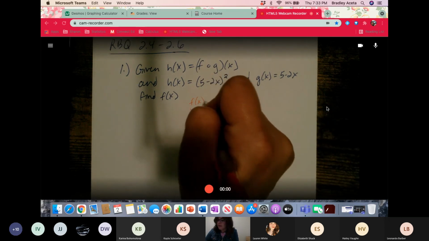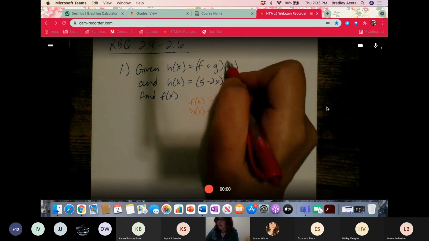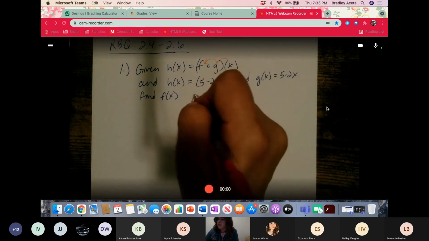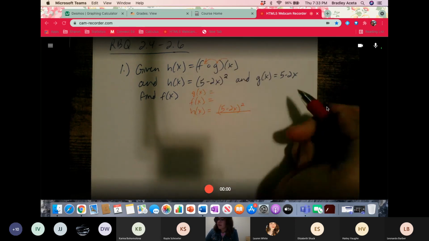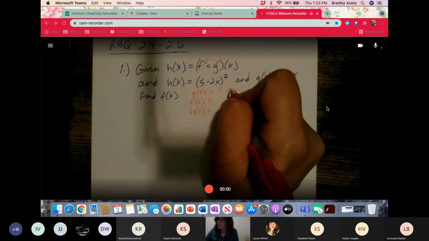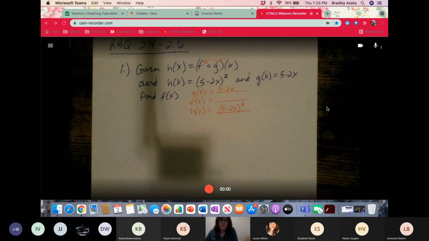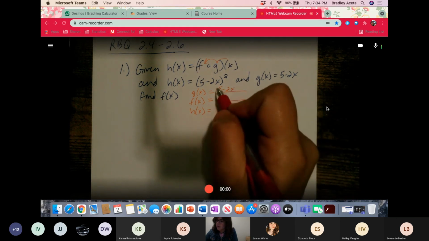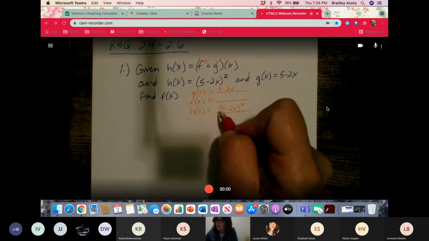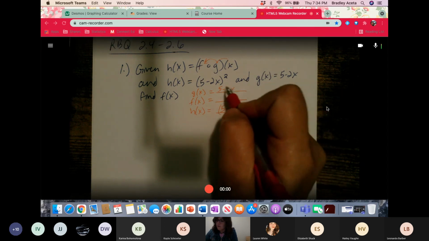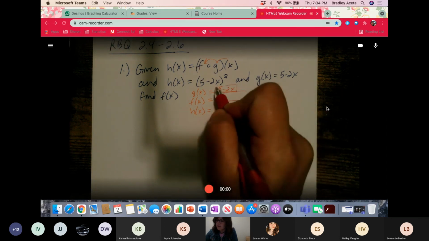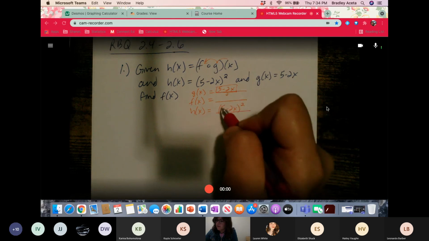Since I'm doing f of g of x, g of x is the smaller guy, so he's 5 minus 2x. I need to find that middle. What am I taking this and plugging it into to get this?